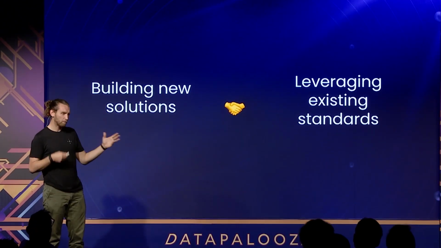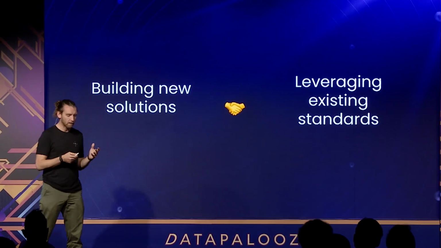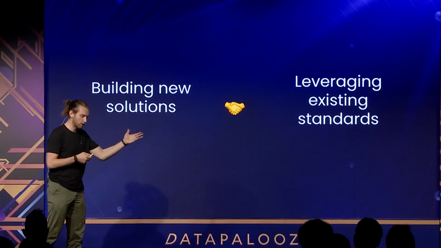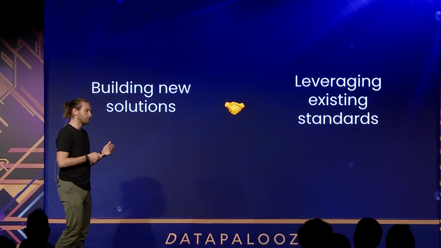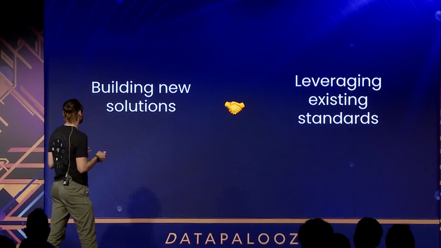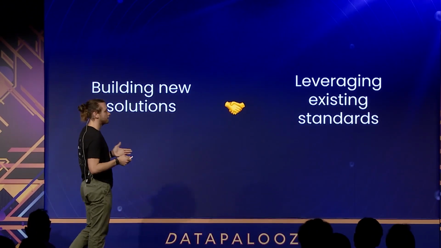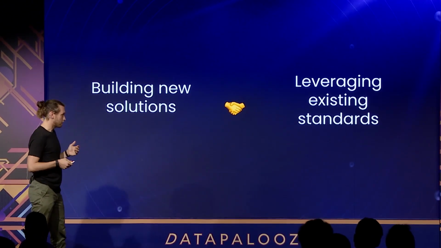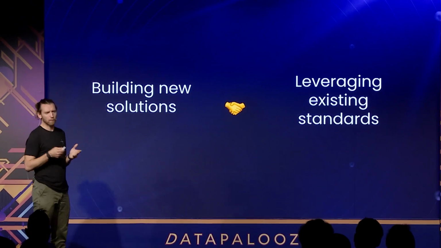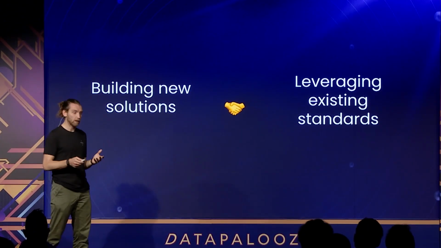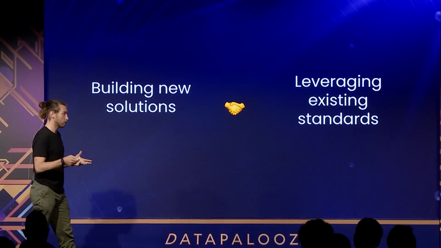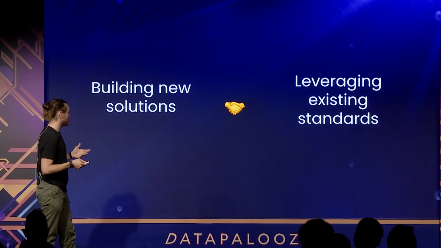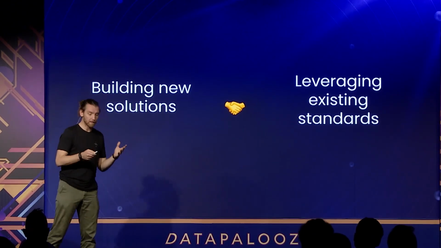And here, going back again to that idea of solutions turning into standards, we're taking two approaches. On the one hand, we do want to build new solutions, but we also want to make sure that we're leveraging existing standards, that we're benefiting from a lot of the great open source software that is available in the ecosystem. So we're not reinventing the wheel.